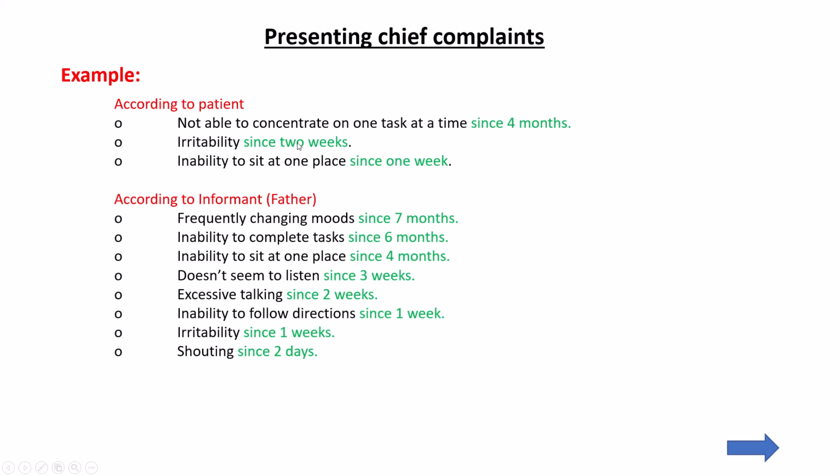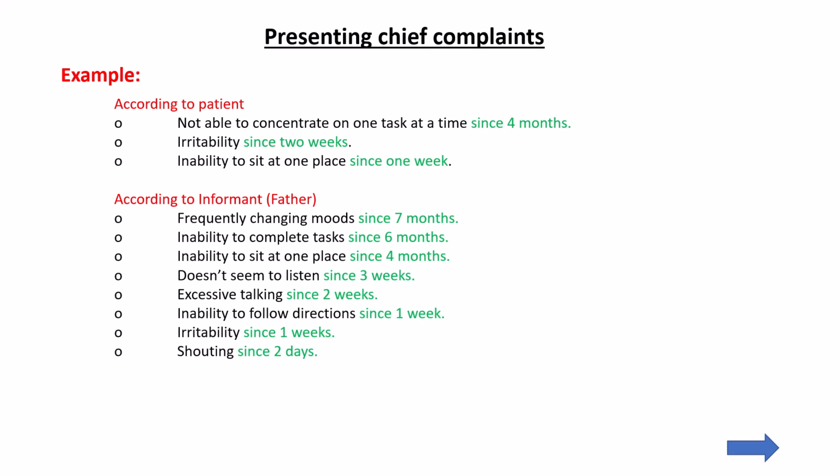For the last 2 weeks he is getting irritated. If anybody comes to talk with him, he gets irritated and aggressive. If anybody talks, you don't like it. If anybody comes to his home, you don't like it. If anybody takes his belongings, you don't like it. That is irritability.